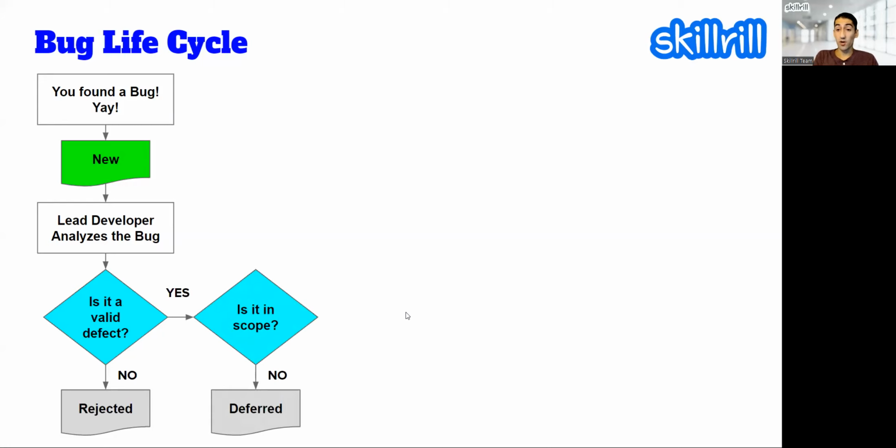So what does that mean? Is it in scope? That means, it is some sort of issue, but we're not fixing it now. It's certainly not within the request of the users. Users requested something, but then you found some additional issue that might be needed maybe in the future, right?